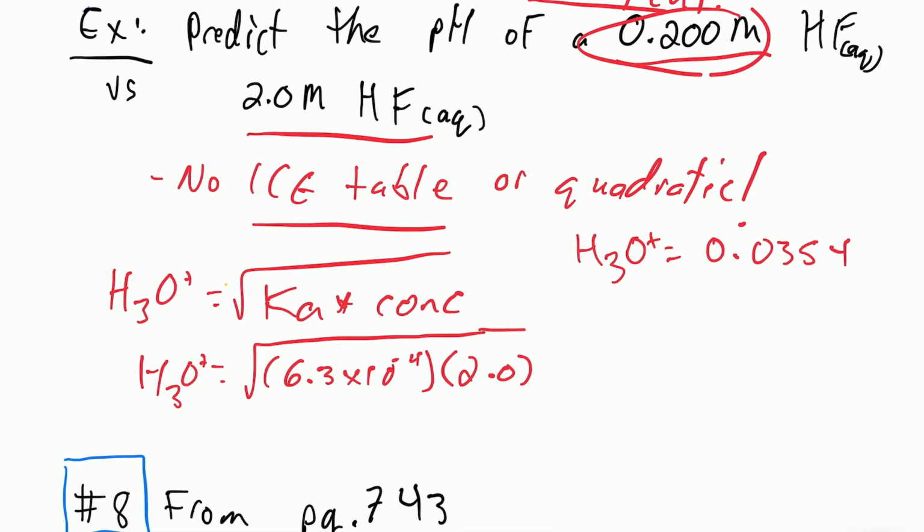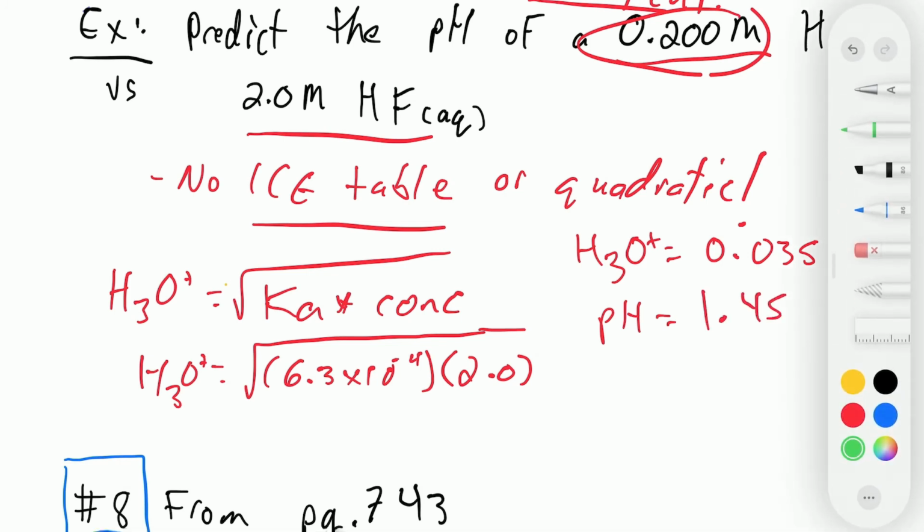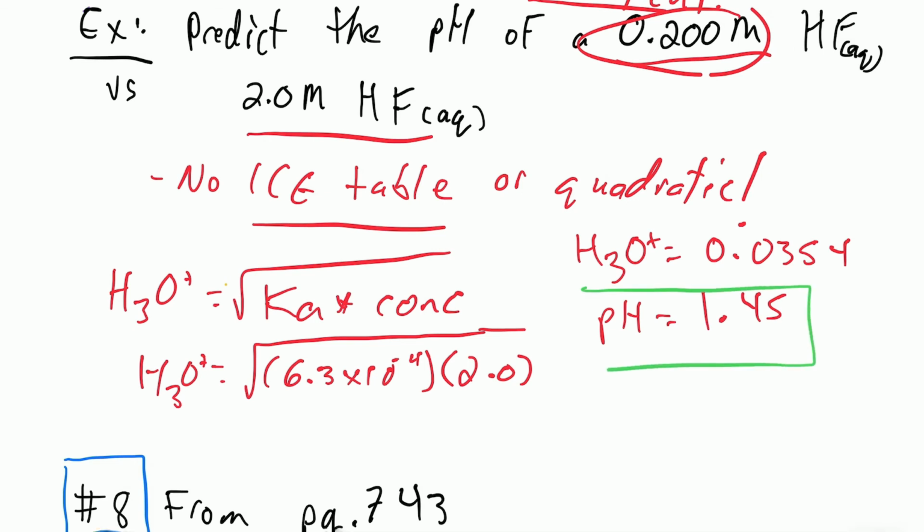And when we plug that into the pH formula here, we end up getting a pH of about 1.45. Okay, which makes sense. The more you increase in concentration, the lower the pH goes for the acid. So this one was nice, and I would say that the majority of questions are like these.